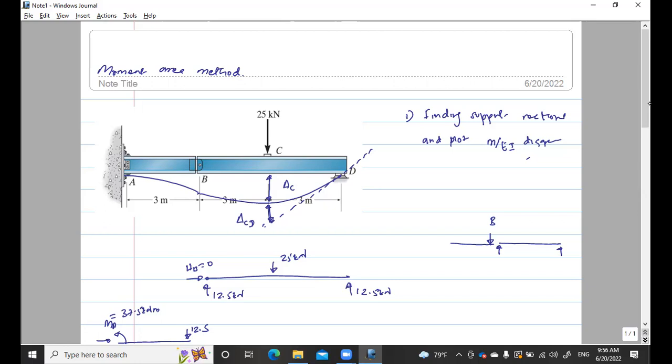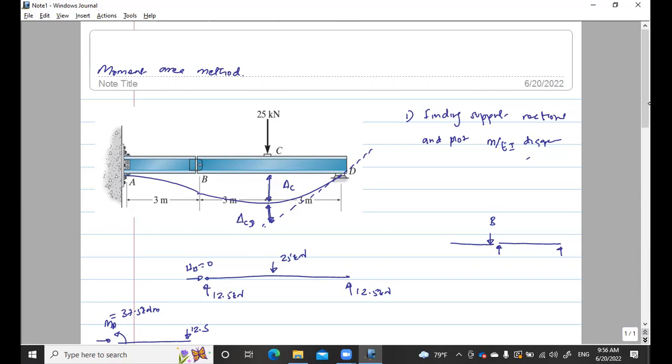So what could be the best method? What can you think about solving this problem?